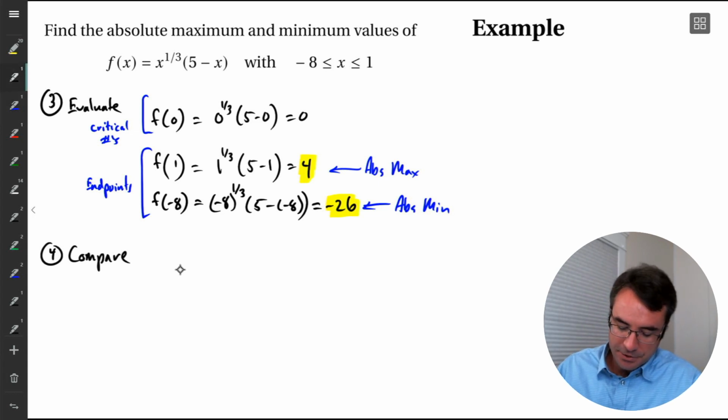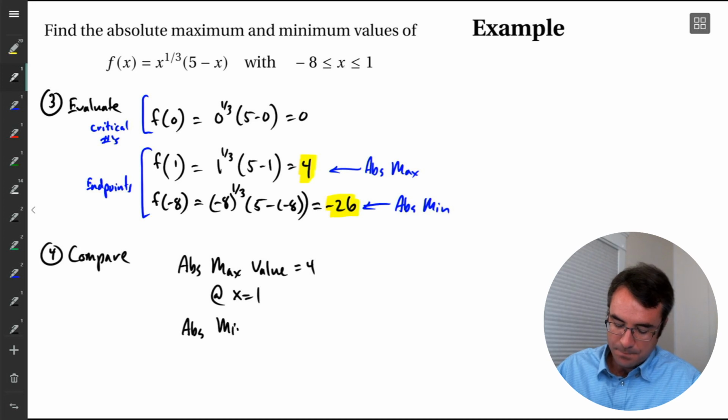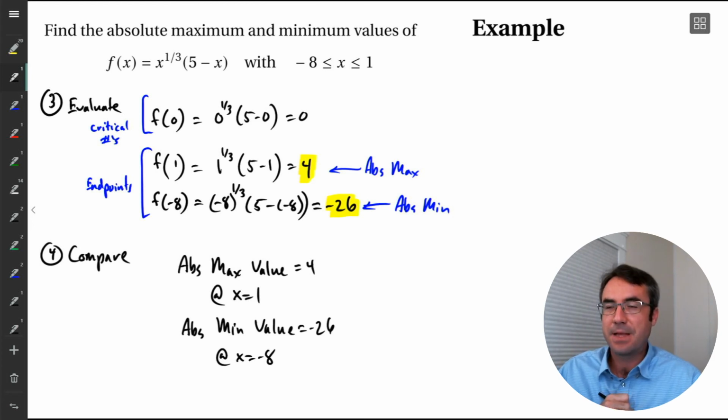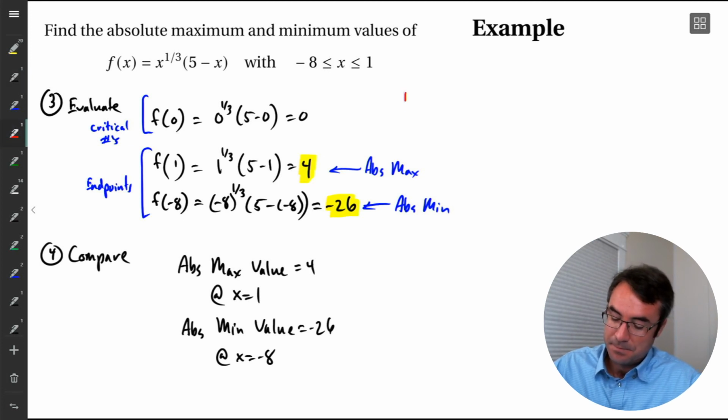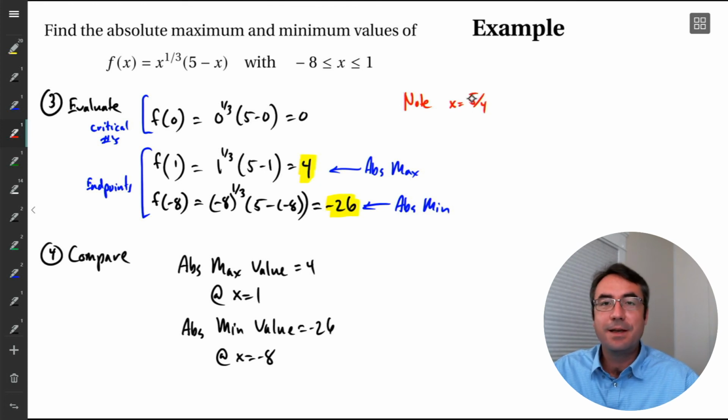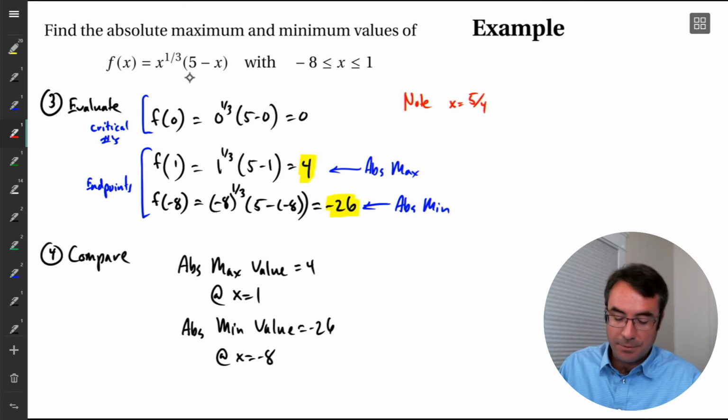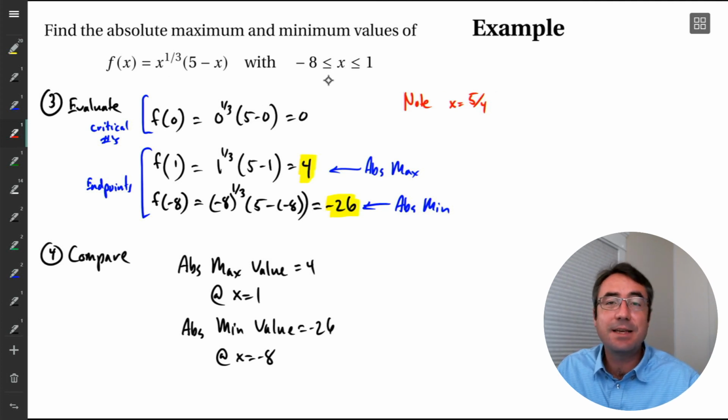So let's just go through and formally state our result. The absolute max value, the value of our function, is 4, and that occurs at x equals 1. And the absolute min value is negative 26, and that occurs at x equals negative 8. And because it's important enough, let's just make note: x equals 5 over 4 is technically a critical number of this function, but it's outside the interval.